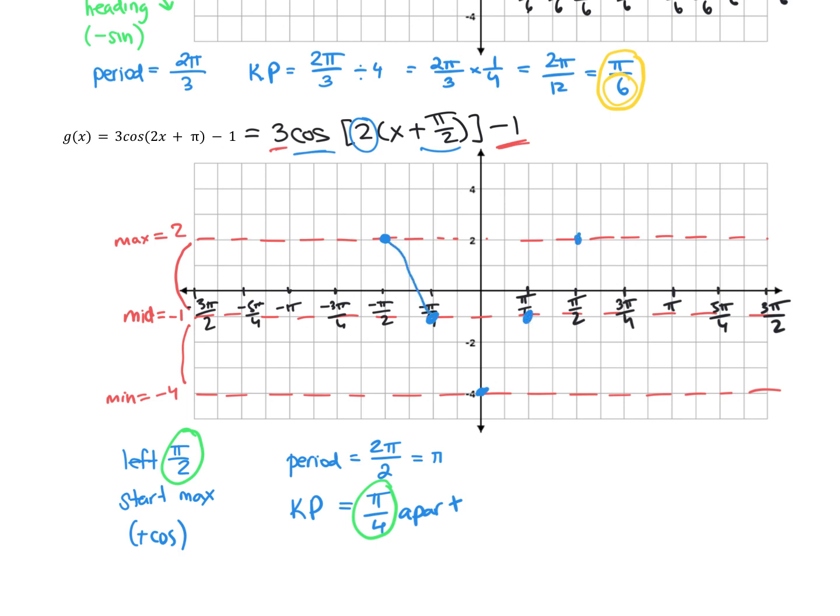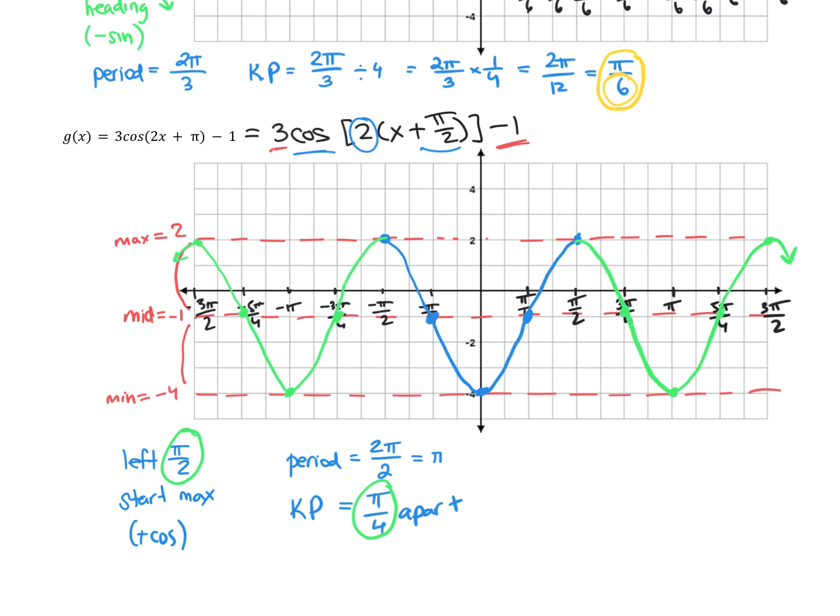There's my first cos cycle. And I'm just going to continue with my same pattern, hopping those 3 important lines every pi over 4, which for my scale is every 2 boxes. And there we go.